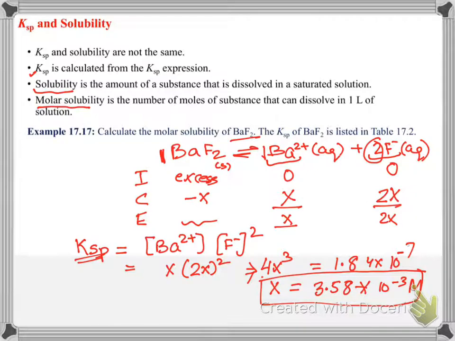So what does that basically mean? A saturated solution of barium fluoride contains 3.58 times 10 to the negative third molar barium ions. And how many will be fluoride ions? It will be 2 times 3.58 times 10 to the negative third molar, which is 7.16 times 10 to the negative third molar.